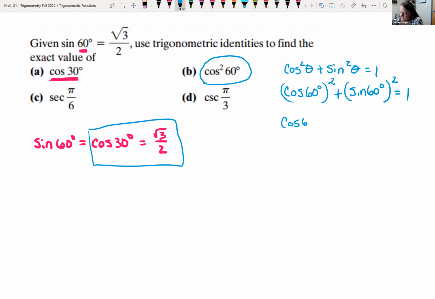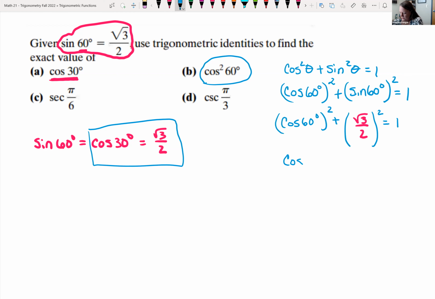So cosine of 60 degrees, quantity squared, plus, well, we're given what sine of 60 degrees is. So let's write that ratio as √3/2, that quantity squared, is equal to 1. Let's square √3/2.